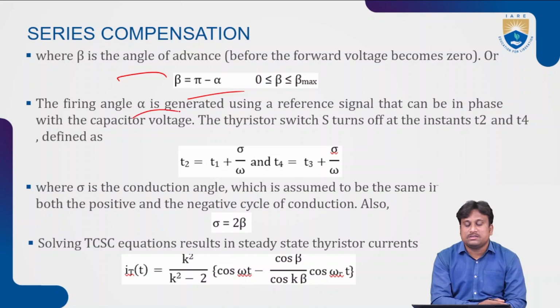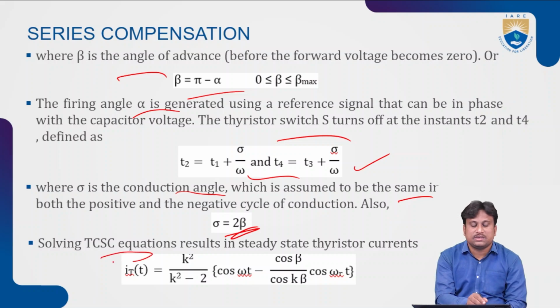The firing angle is generated using a reference signal that is in phase with the capacitor voltage. The thyristor turns off at instants T2 and T4, defined as T2 equals T1 plus sigma by omega and T4 equals T3 plus sigma by omega. Sigma is the conduction angle, which is assumed to be the same in both the positive and negative cycles of conduction. This is also 2 beta.